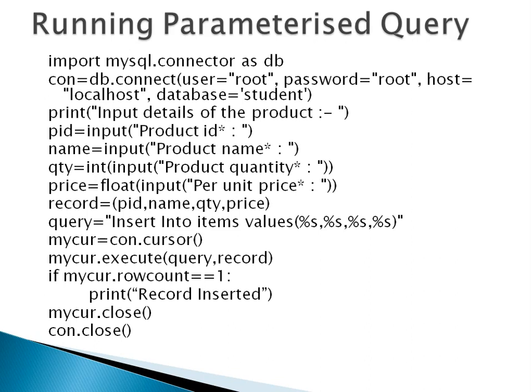For example, whenever you go to a railway reservation system, it first asks you to enter your origin, your destination, date of journey, and many other things. Then only it displays the total number of trains that are available. So it is also based on parameters.